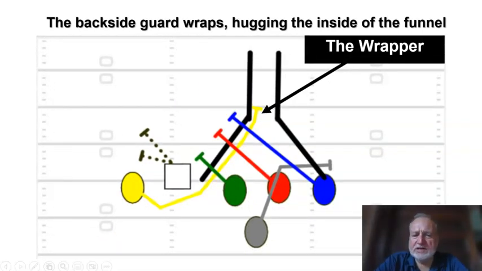All right, coaches, here you see the funnel has been created and the wrapper, the gold figure right here, he is hugging that rump line as he wraps. Remember, we do the skip pull, the karaoke pull, and we're going to get tight, tighter, tightest to that rump line, close enough to strike a white tip match as we come through it.